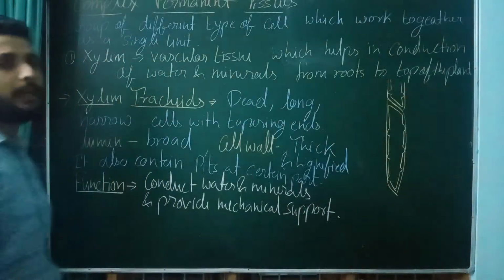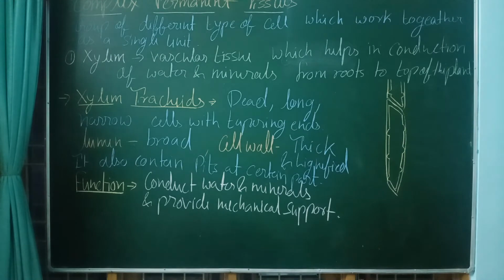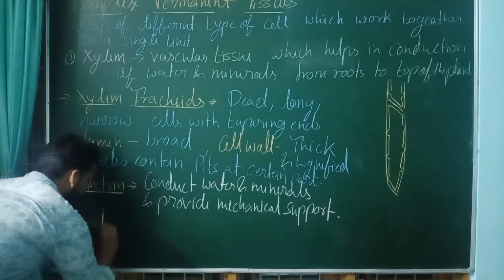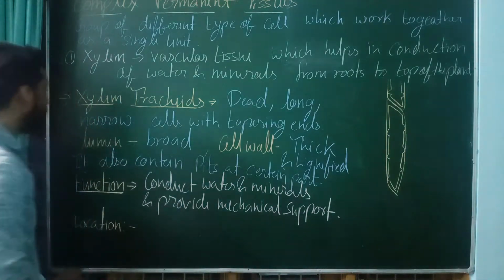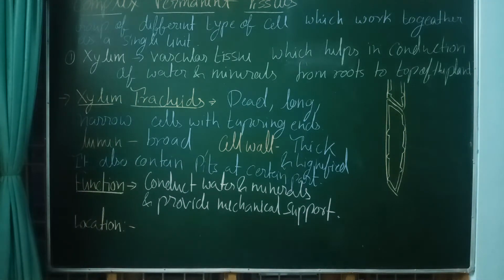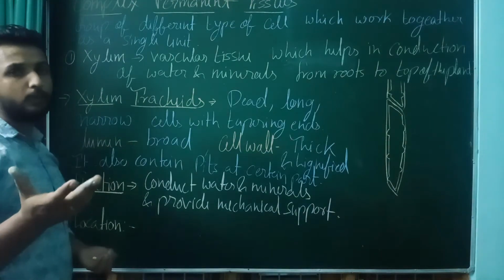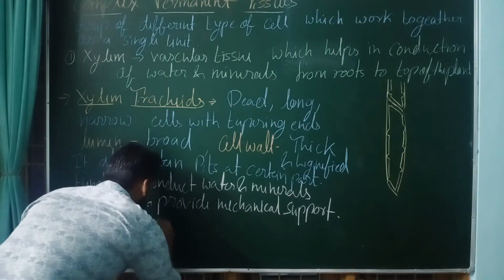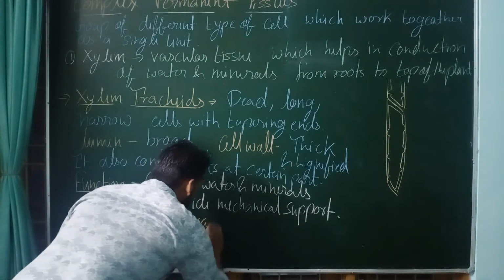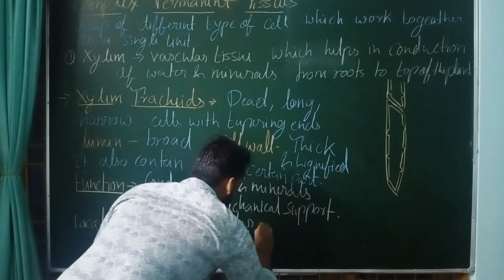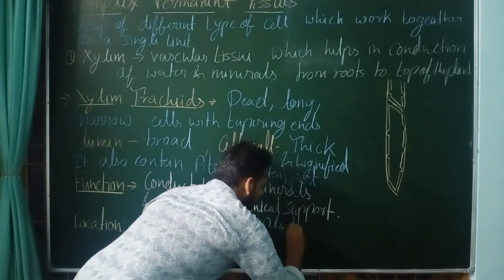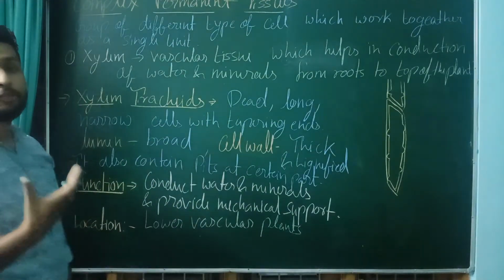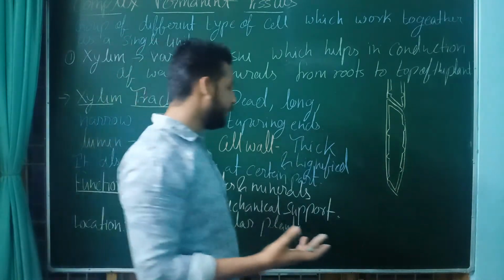And provide mechanical support. Last but not the least, we can write about its location. Location means where they are found. They are found, as I told you earlier, only in lower vascular plants. What are lower vascular plants? Pteridophytes and gymnosperms.